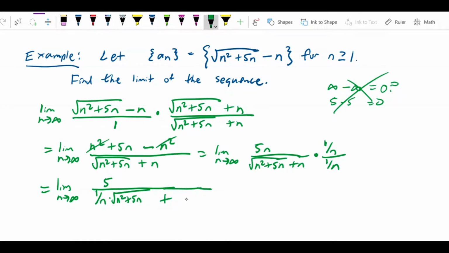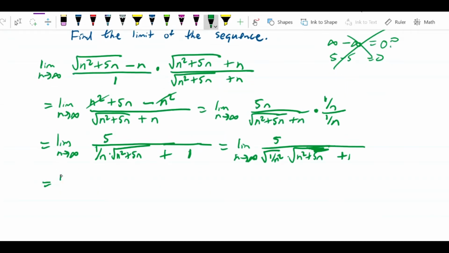This we're going to evaluate as 1 over n times the square root. We're going to treat that as the square root of 1 over n squared, which is the same thing as 1 over n as long as n is positive, times the square root of n squared plus 5n. And then, of course, we still have a plus 1 here, which is not under that radical sign.